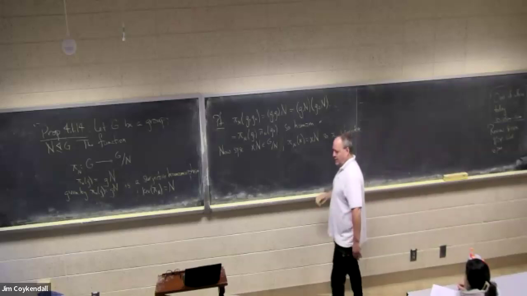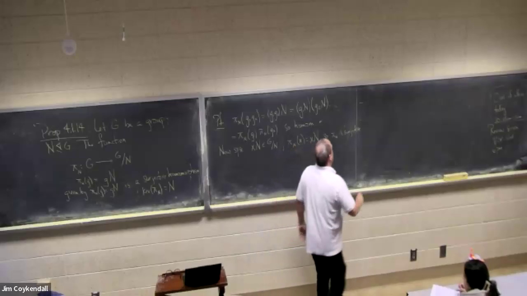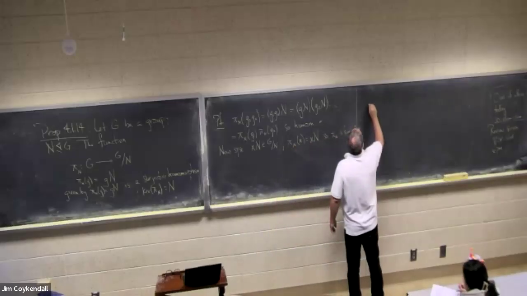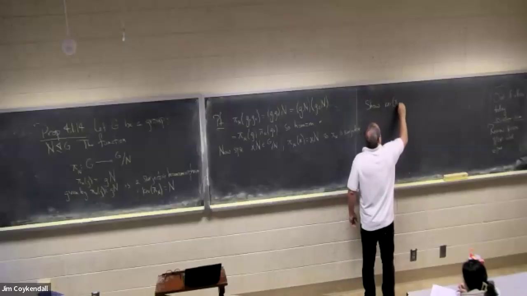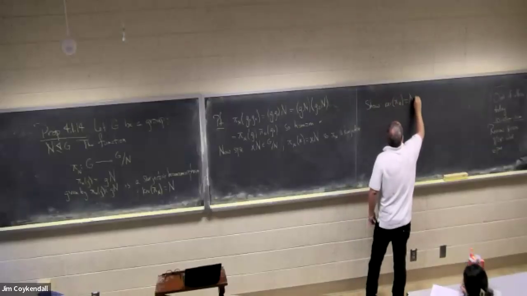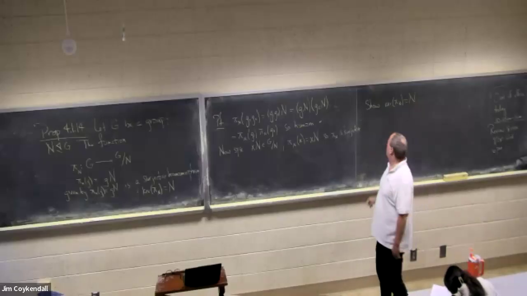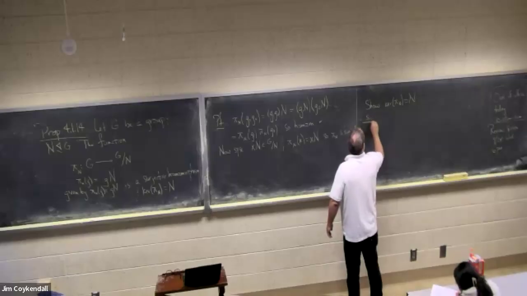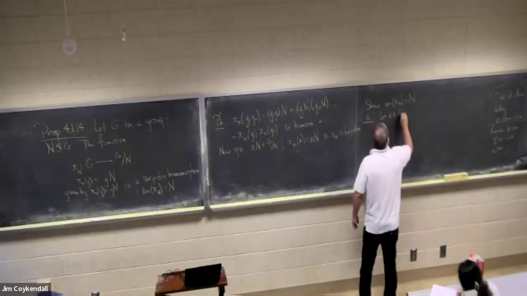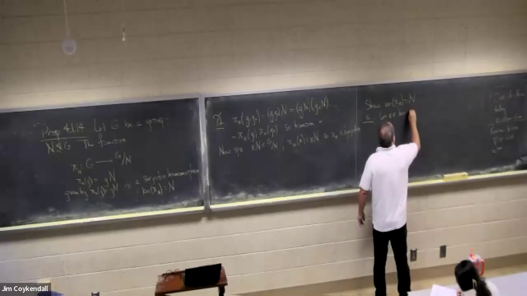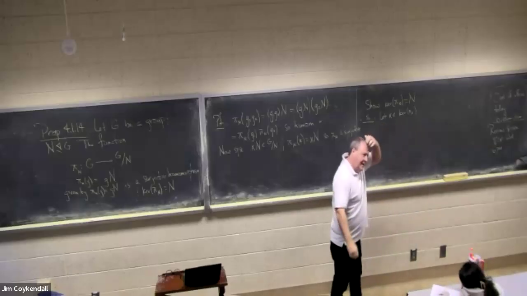I'm going to do this carefully, because why not? We show containment both ways. Let x be in the kernel of pi. What does this mean?